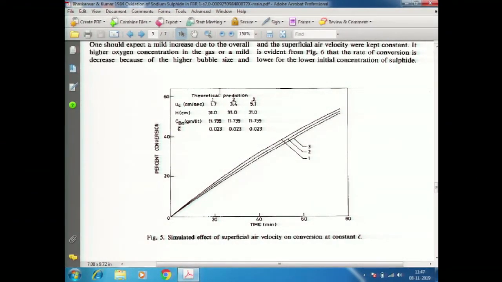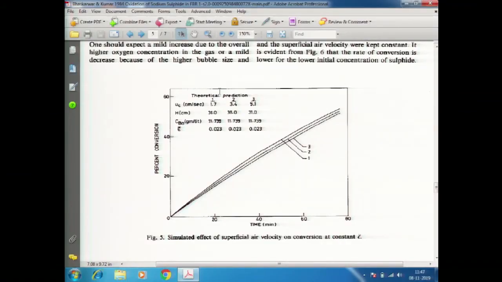If the reaction were faster, then the liquid film thickness becomes even less important. So, we would have got for larger reaction rate, time of contact now does not matter, because the oxygen is absorbed and reacted faster.